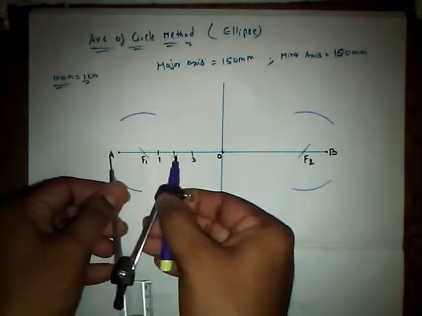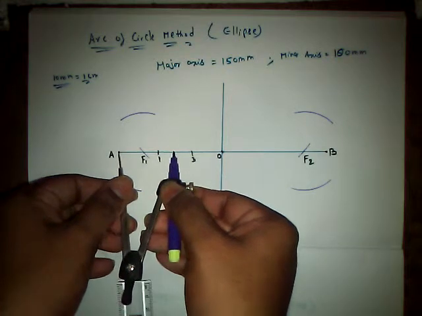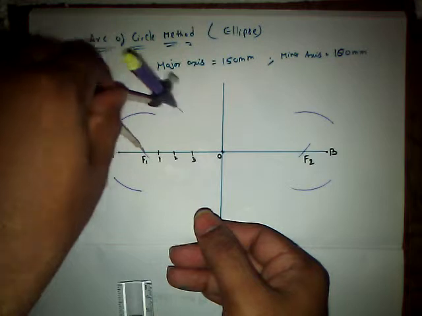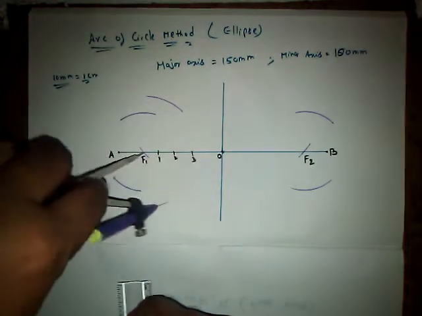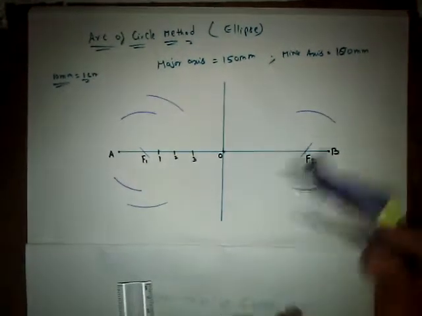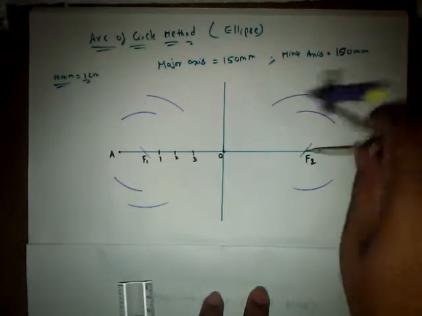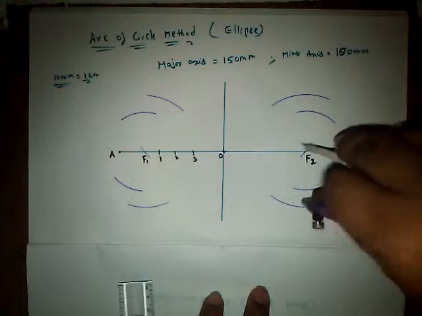Now with A to 2 as radius, with F1 as center, cut the arcs at the top and at the bottom, and go to F2 as center, cut the arcs here and at the bottom.